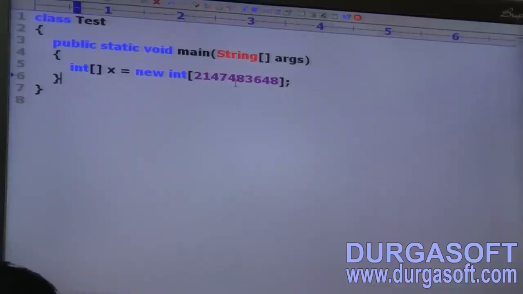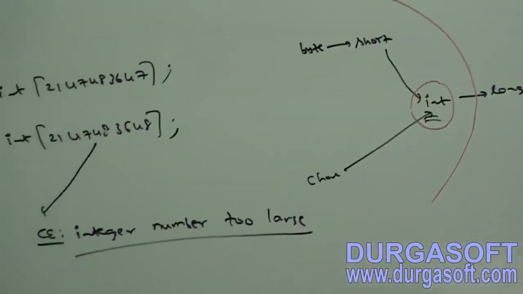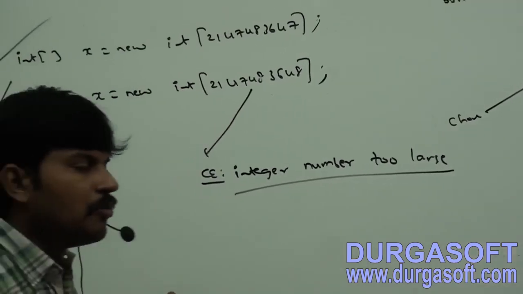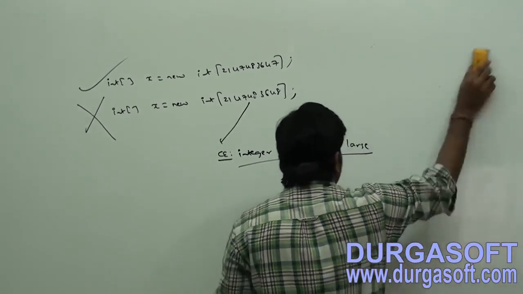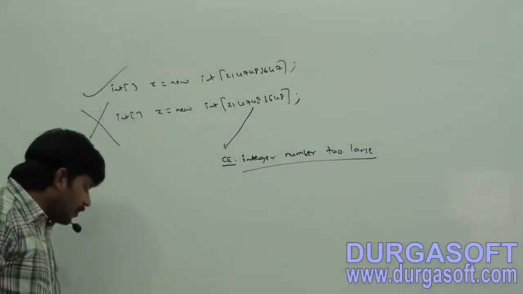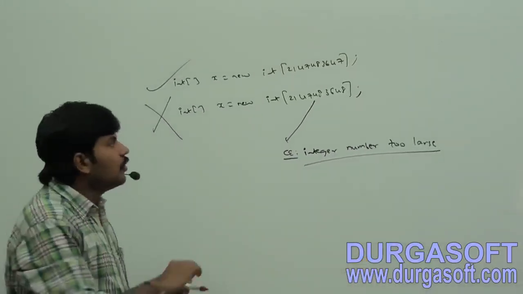Now here I have another small clarification I want to provide. First one is valid, but maybe there is a chance of problem even in the first case. It doesn't mean you are compulsorily going to get it. What is the problem?